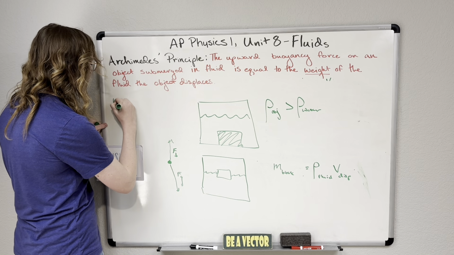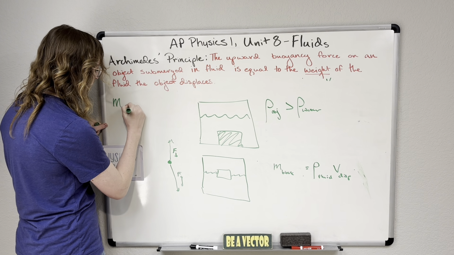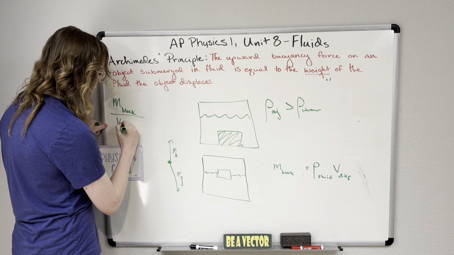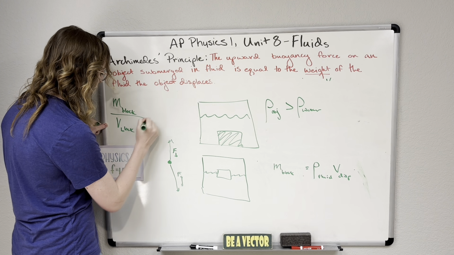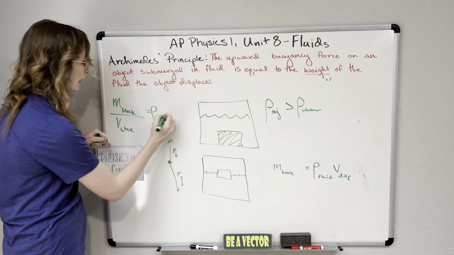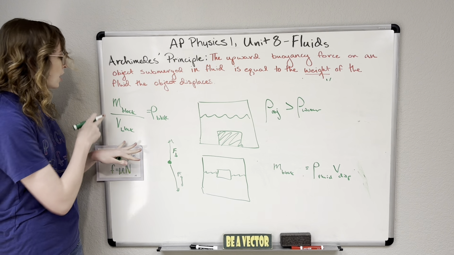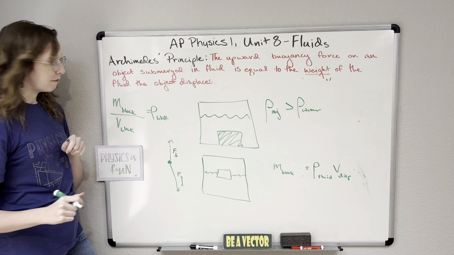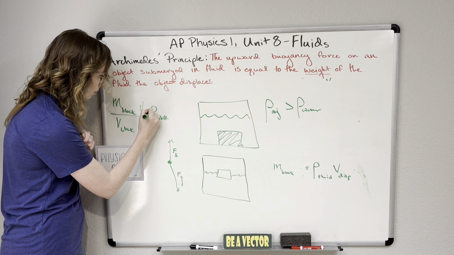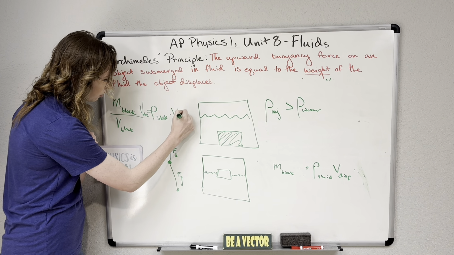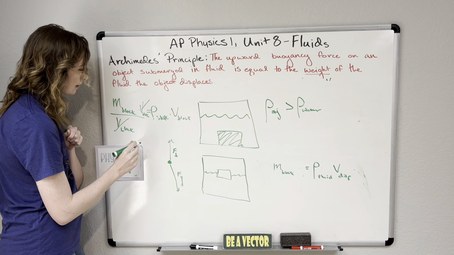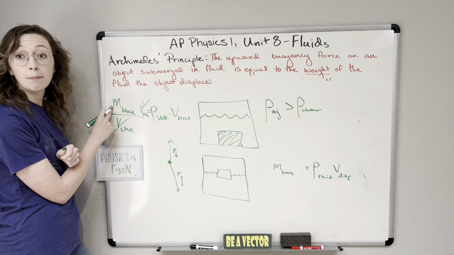Say I'm trying to write an expression for the mass of my block. Well, we know that mass divided by volume is just density, right? That's not how you spell block, there's a C in there. So if density is mass divided by volume, but then I multiply by volume again, like so, then I have volume divided by volume, which cancels out, and I'm left with just the mass of my block.